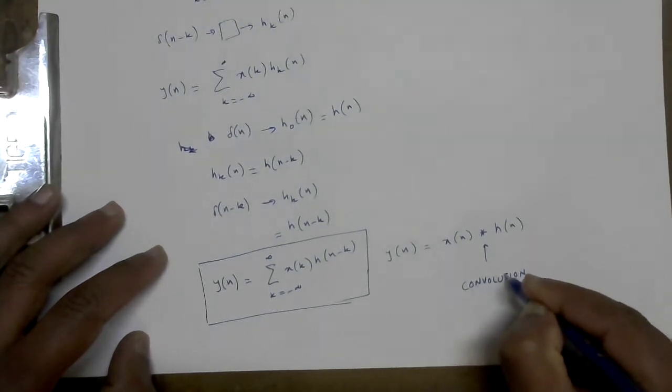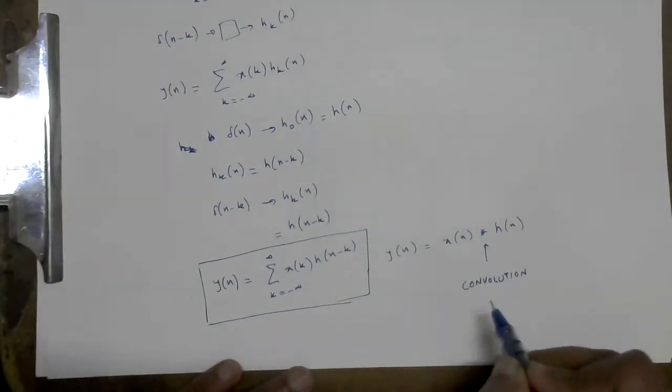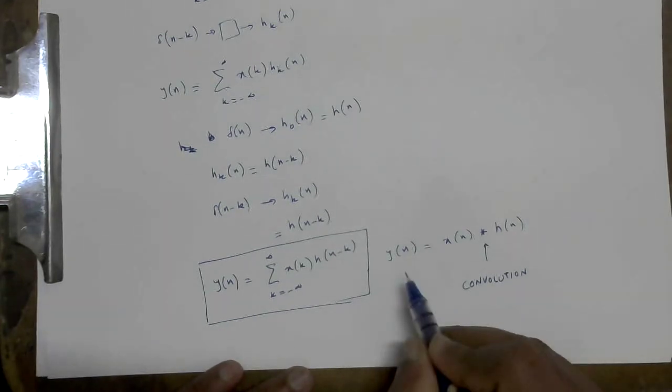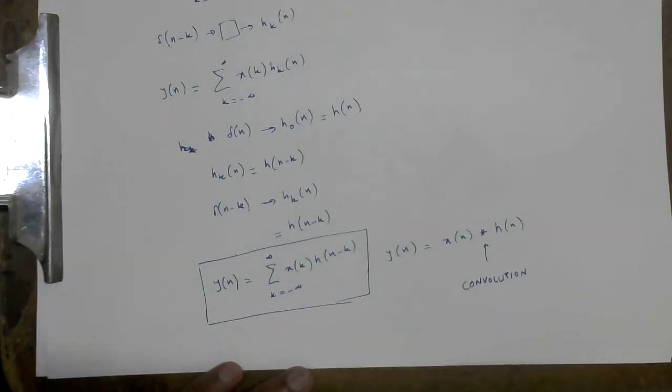convolution operator. So this operator is called the convolution operator, and the output of a linear time invariant system is computed using the convolution operator, and the convolution is performed on h of n, which is called the response to the unit impulse.